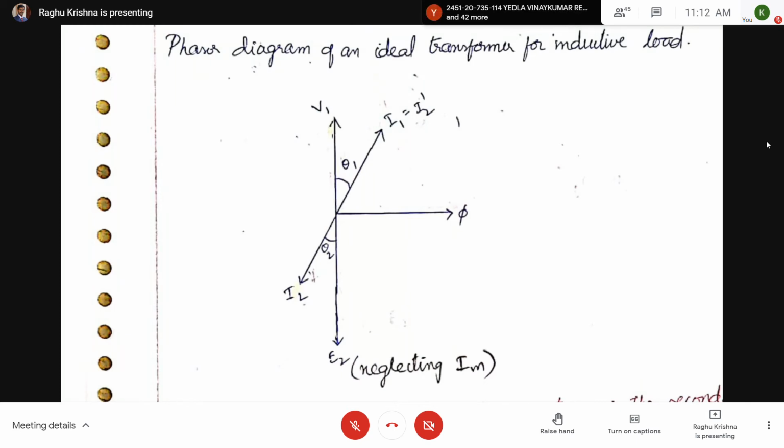What is I2 dash? K into I2 is equal to I2 dash. So I1 is equal to I2 dash. The angle between V1 and I1 is theta 1. As it is an ideal transformer, theta 1 is equal to theta 2. This is a very important phasor diagram, the phasor diagram of an ideal transformer for inductive load.